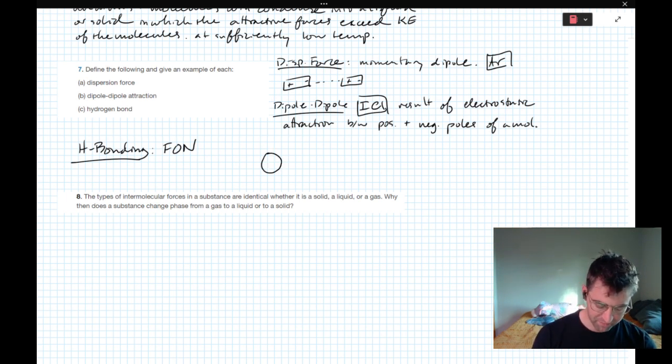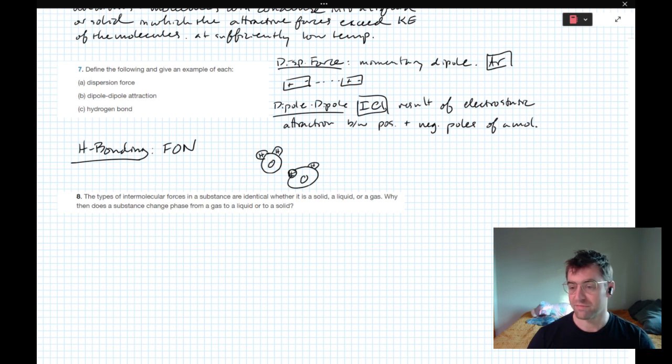And this phenomenon is responsible for the unique properties of water and its role in supporting life on Earth. So you have partial positive and partial negative associated with each of these poles.